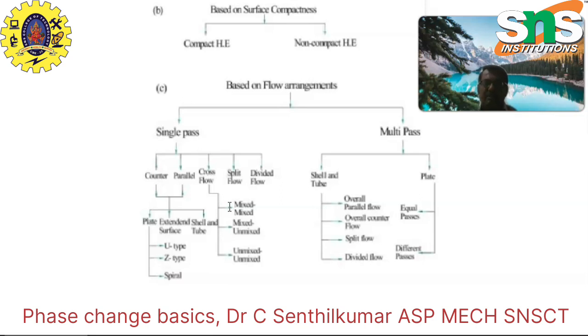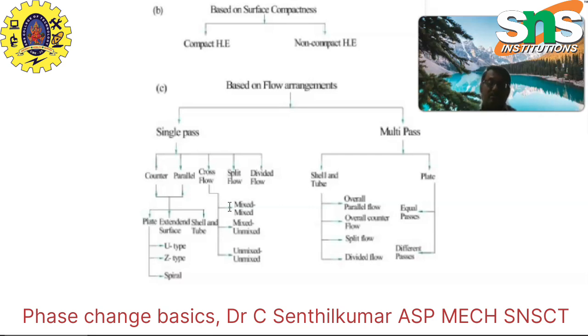So many industries, for minimum level of heat transfer between 300 to 500 degrees centigrade, use shell and tube. And there are several types in the plates: U type, Z type and spiral type. So these are for research purposes based on the requirement and application.